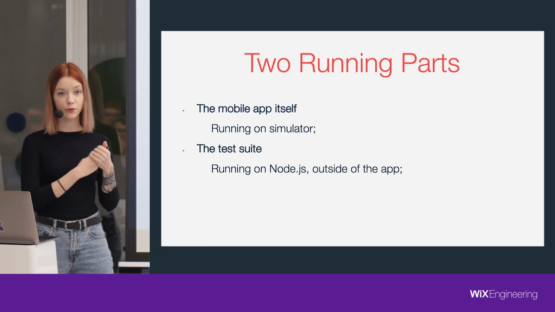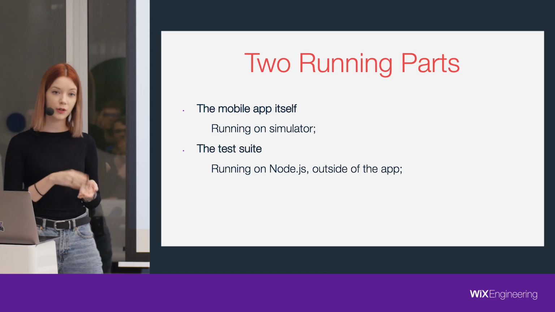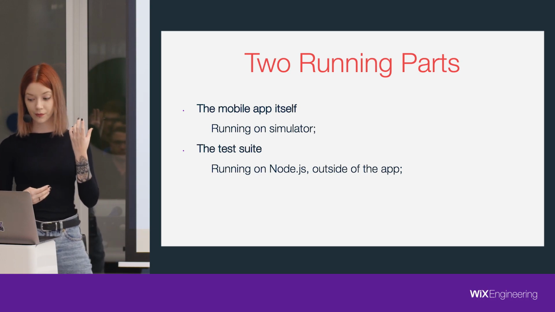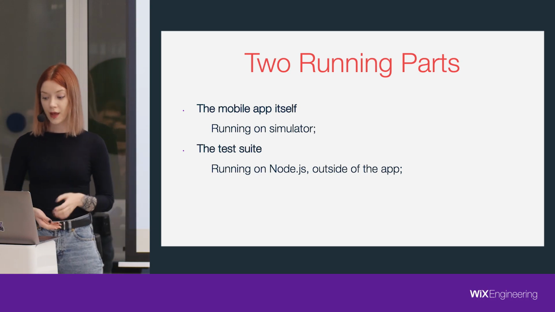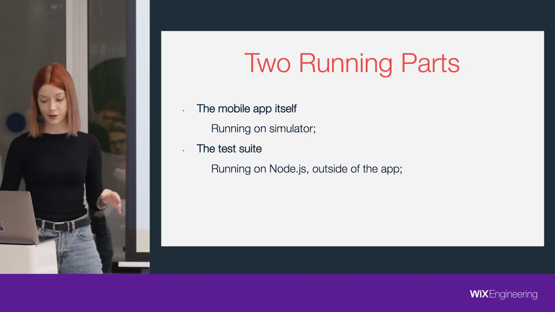The tests are normally written in JavaScript. This part is running outside the app and it communicates with the app on the device over the network using a WebSocket. Because tests are asynchronous in nature, the tests rely heavily on async await clauses.